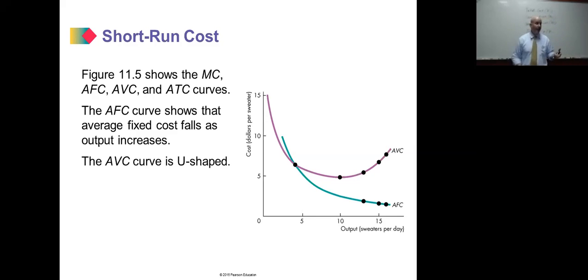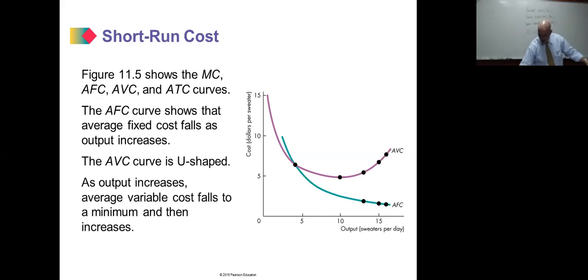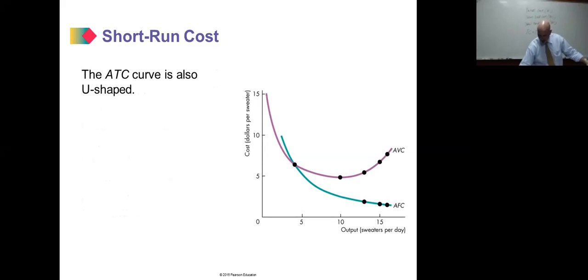But again, as output continues to increase, that variable component is going to cause the average variable cost to increase. The average total cost curve is also U-shaped.